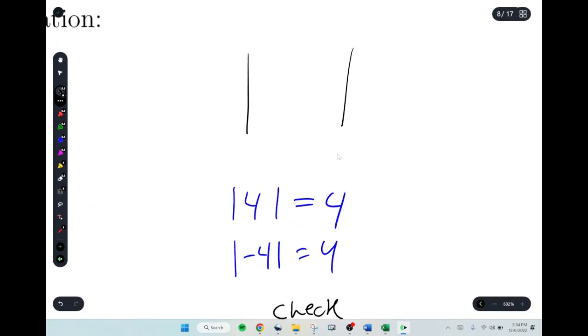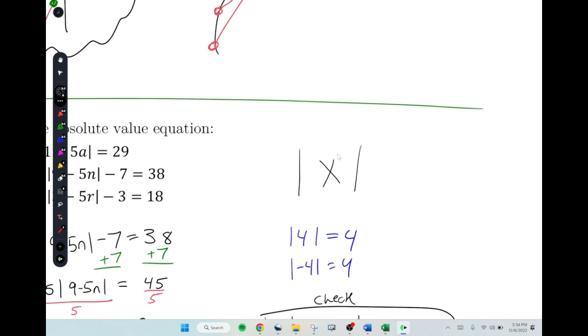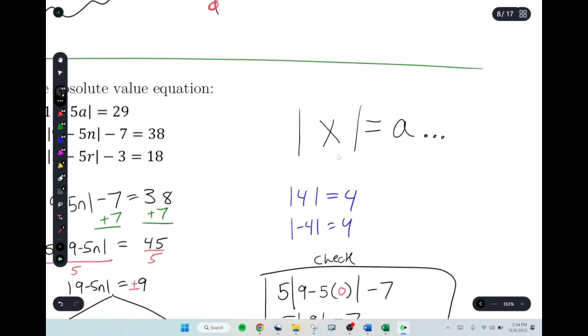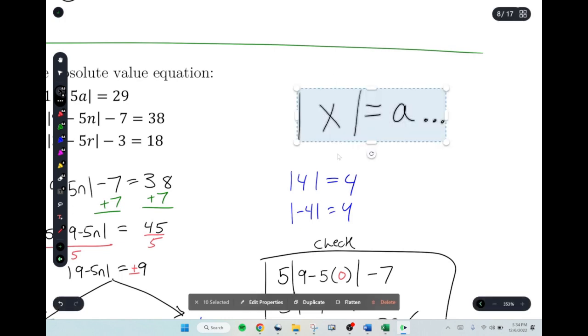So if I've got the absolute value of x, what do I need to do? Dot, dot, dot. I'm not going to put equals because it's kind of messy. I should say the absolute value of x equals a. Dot, dot, dot. What do I do? A is just a random number in this case.